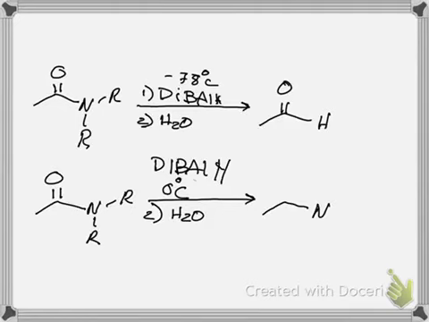Now all we get is the amine. I'm not bothering you with mechanisms for any of these because honestly, I don't think it's that crucial. I don't think, honestly, you know what the mechanism should look like. And at this point, I'm just showing you these because they provide you with some very nice synthetic tricks.